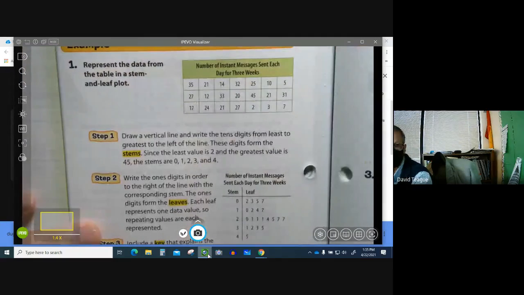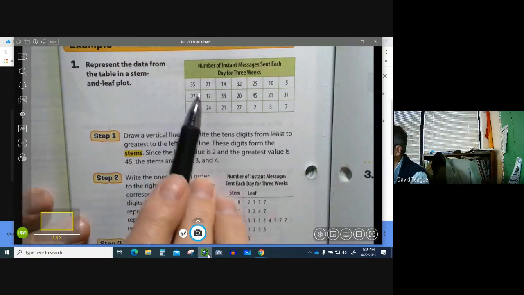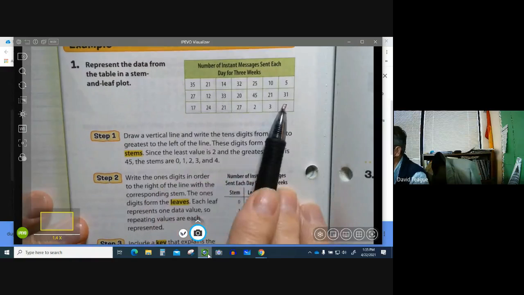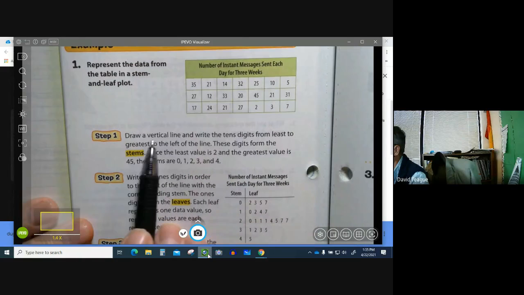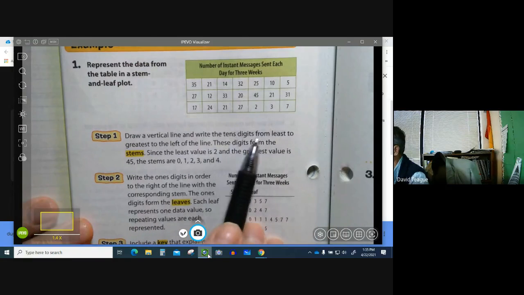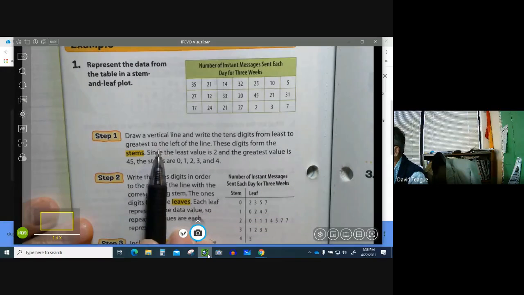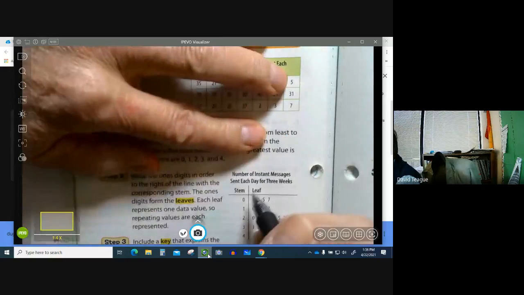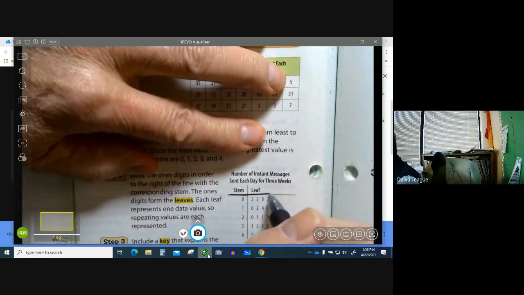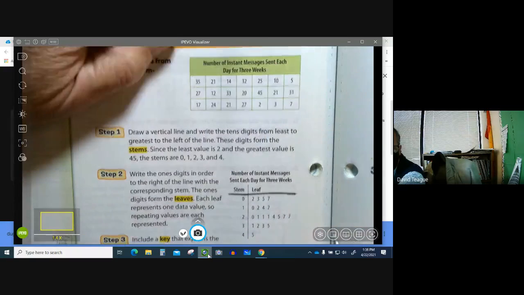So here's this data, right? Here's all this data. And it says step 1, draw a vertical line and write the tens digits from least to greatest to the left of the line. So what they did was they drew this line like this, right?